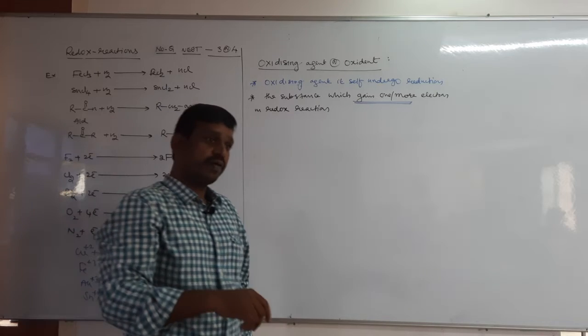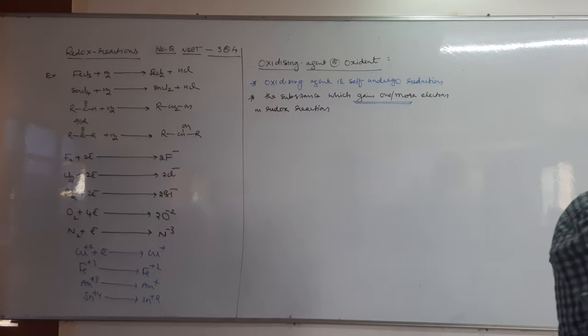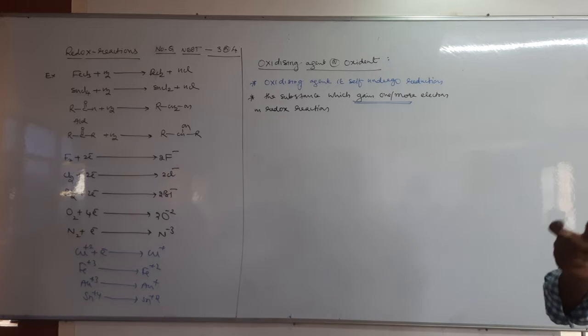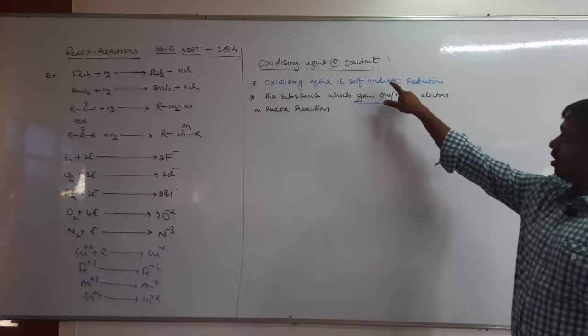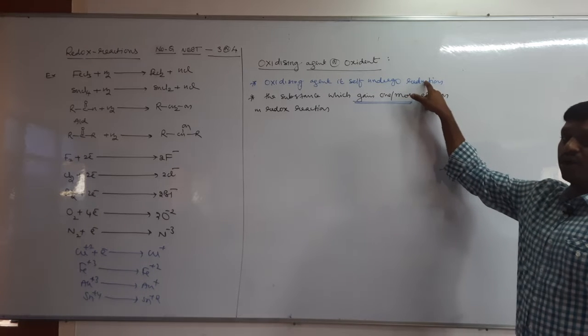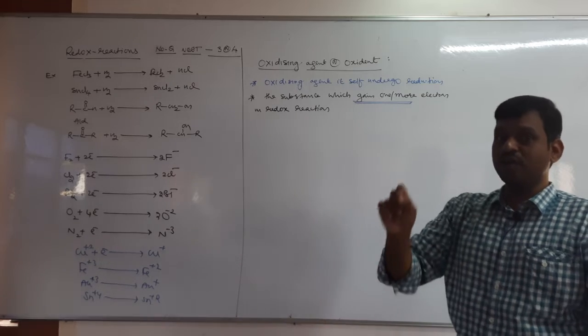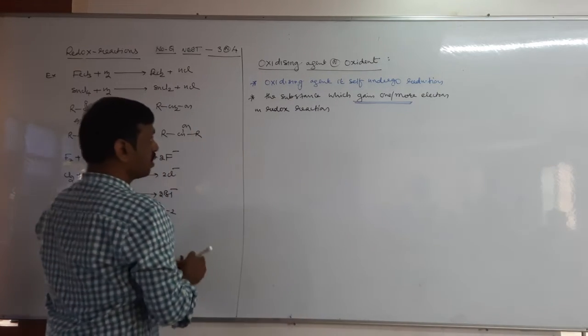Okay, next point. Now, what is the oxidation number of oxidizing agent in a redox reaction? Whether the oxidation number decreases or increases? Why? It undergoes reduction. Oxidizing agent undergoes reduction, it means the oxidation number of oxidizing agent always decreases. Next point.